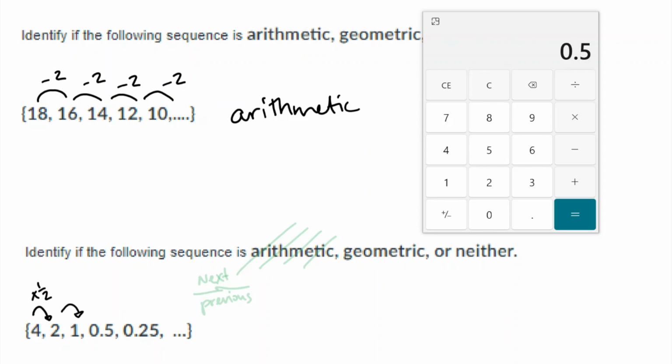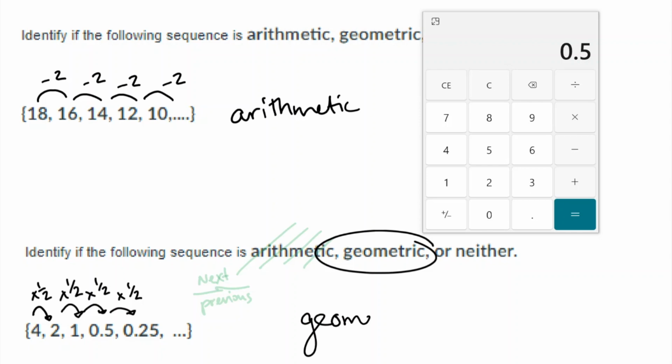Let's check the next one. Next divided by previous, again we get the 1/2, so this is again multiplied by 1/2. See if it keeps going. 0.5 divided by the previous of 1 is again another multiply by 1/2. And you can see that the next one will also be a multiply by 1/2. Since it multiplies by a common value each time, this one is geometric.